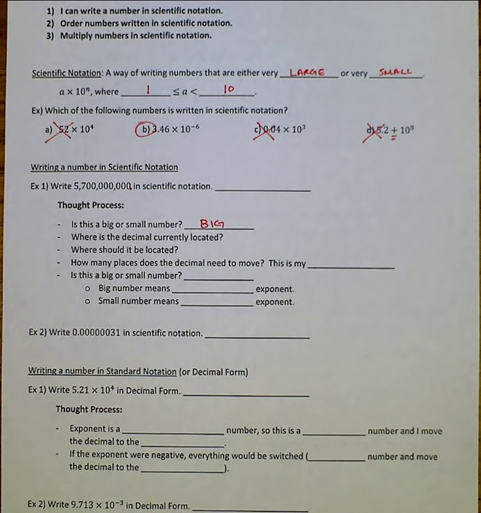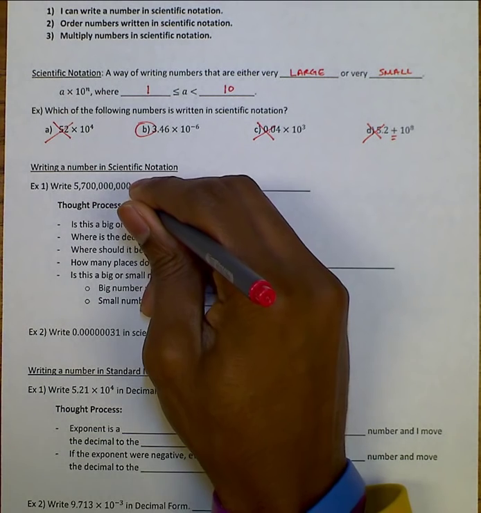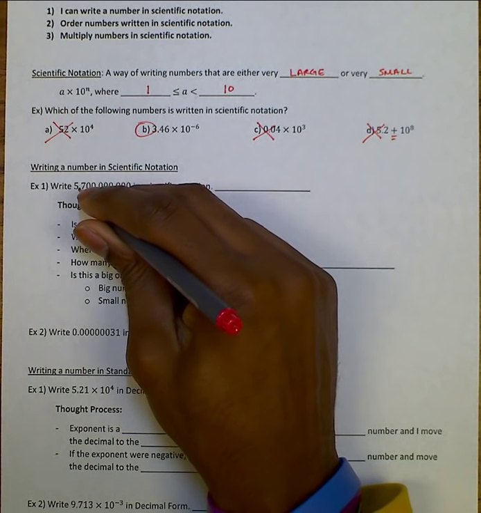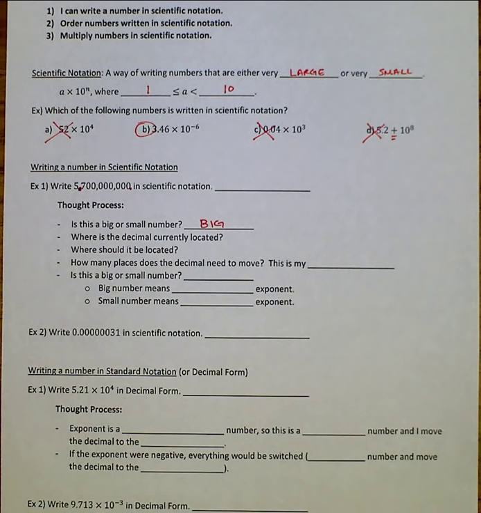In this case, our decimal has to be located here. If it's located one space to the right, that's 57, which is greater than 10. If it's located one space to the left, that's 0.57, which is less than 1. So 5.7 is the only place we can put our decimal so that it works with our rule for scientific notation.